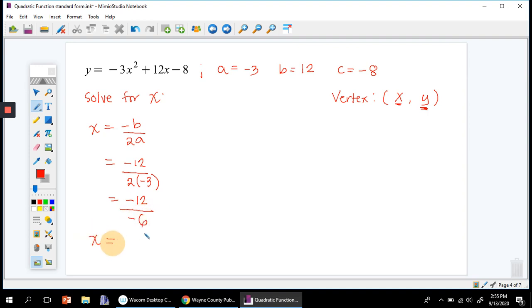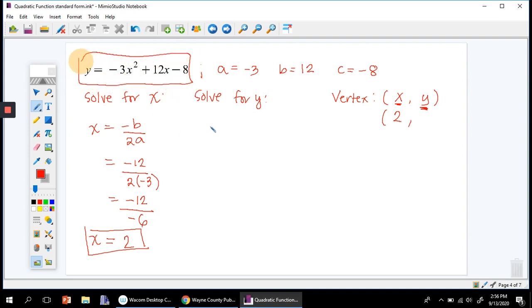Let us simplify. Negative divided by negative is positive. 12 divided by 6 is 2. So your x is 2. Right? Now let us solve for y. To solve for y coordinate, we are going to use the function.